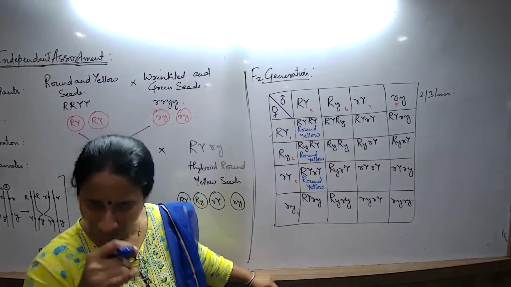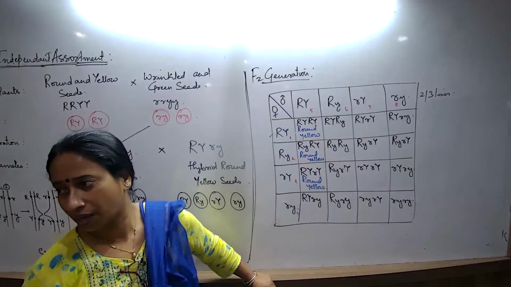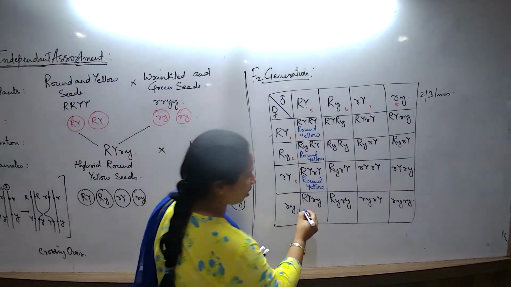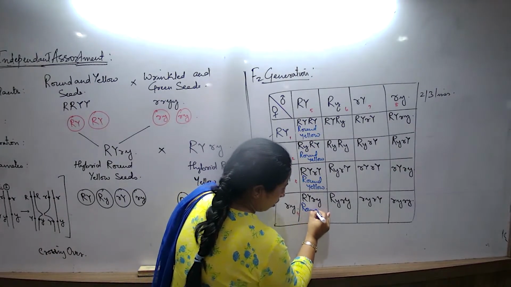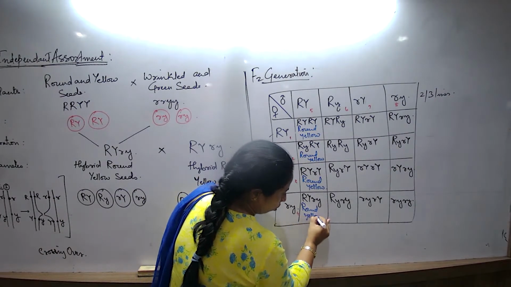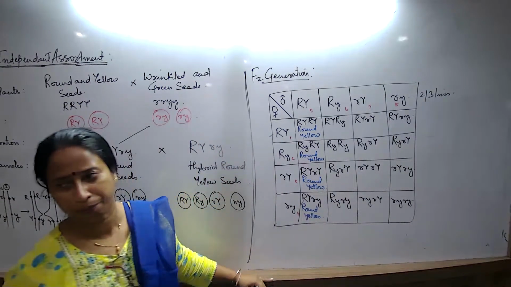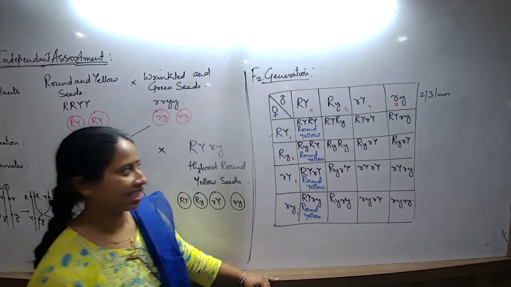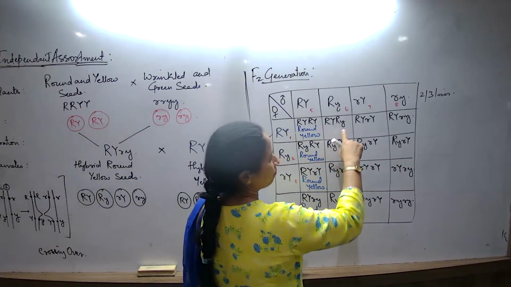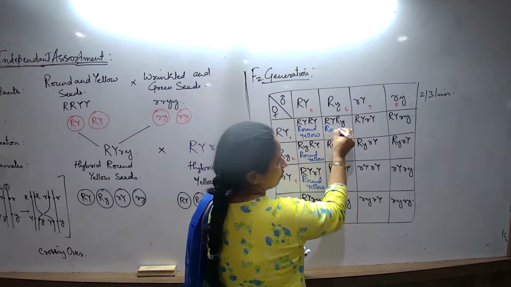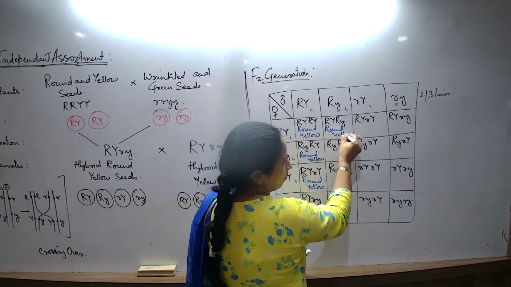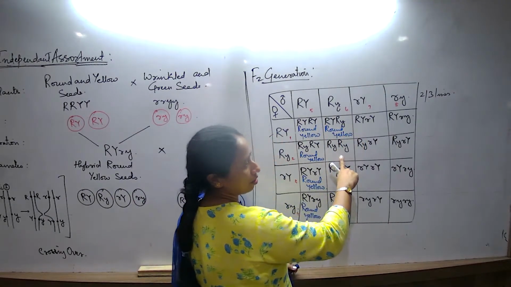Exactly this same method. Round and yellow. Go to the next line. Tell me, what do I write here? Round and yellow.